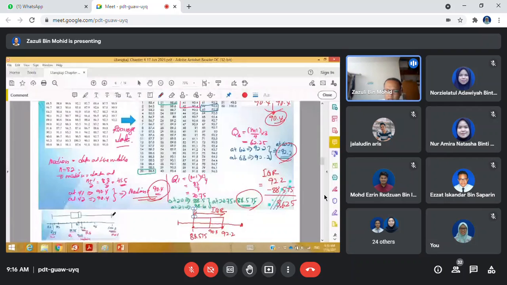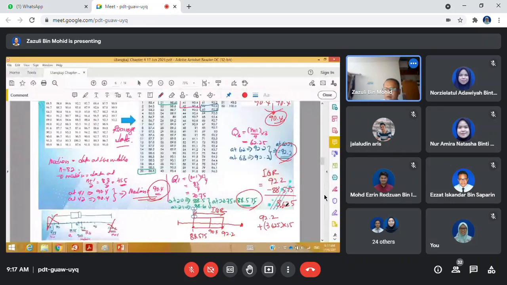So the maximum here, this value here, should be 92.2 plus 3.625 times 1.5.